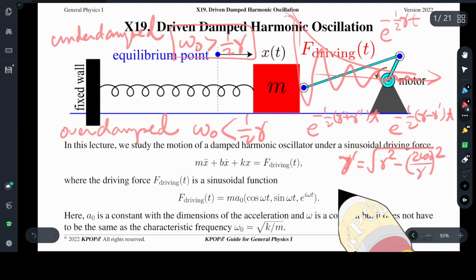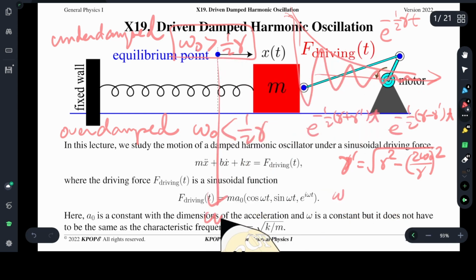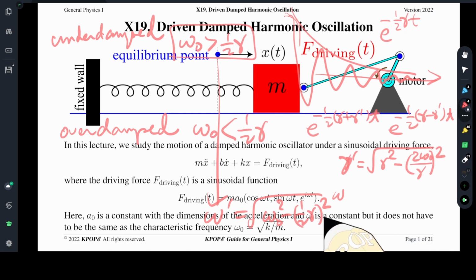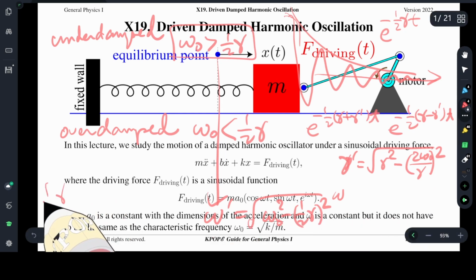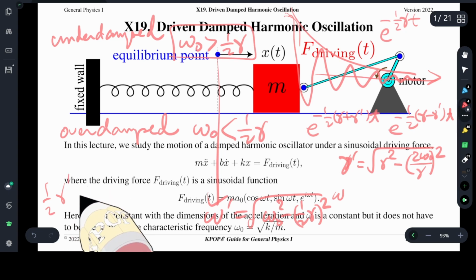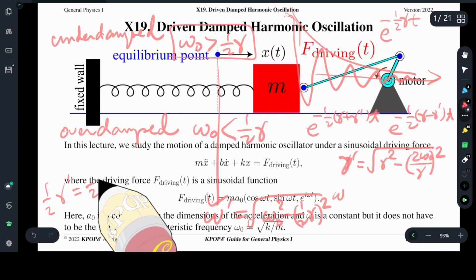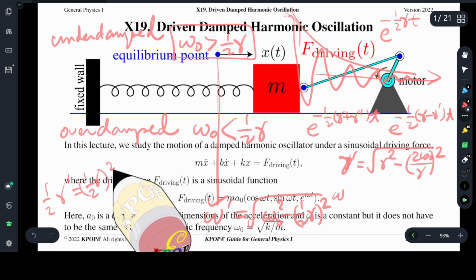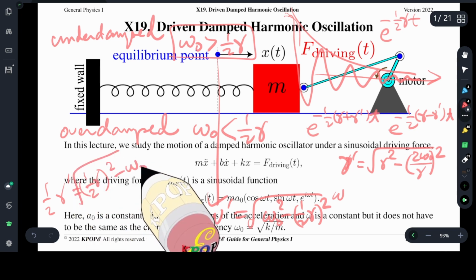Am I right? Because in this case, omega prime equals the square root of omega 0 squared minus 1/4 gamma squared, and gamma prime is the reversed one. 1/2 gamma prime equals the square root of 1/4 gamma squared subtracted by omega 0 squared.